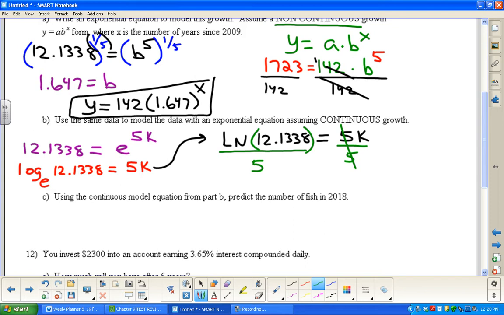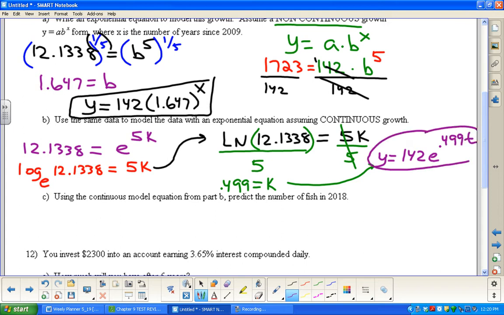That'll get you a k value of about 0.499. And that will allow us to write our equation. y is going to equal, what do we start with, 142 times e to the 0.499t. And again, t is the number of years that go by since we started, which was in 2009.